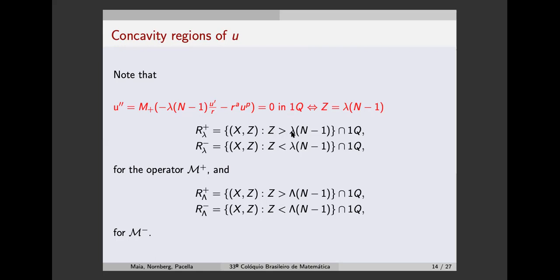For z bigger than lambda n minus 1, we are in the region where u is concave. And for z less than lambda n minus 1, we have that u is convex. So we divide the phase plane in two regions, up and down, depending on the concavity of u. This is for the operator M plus, the same with opposite lambdas for M minus.